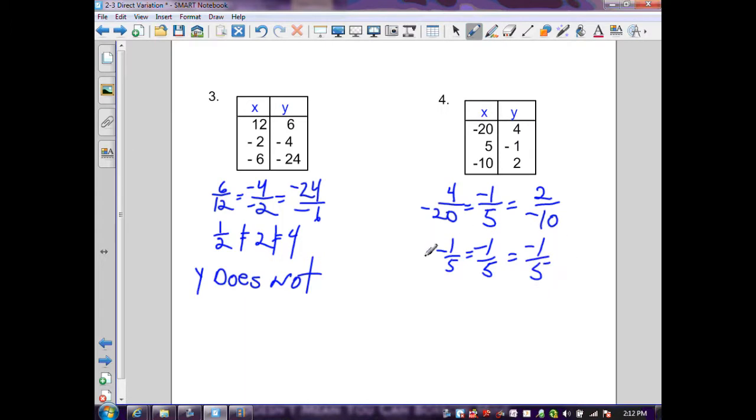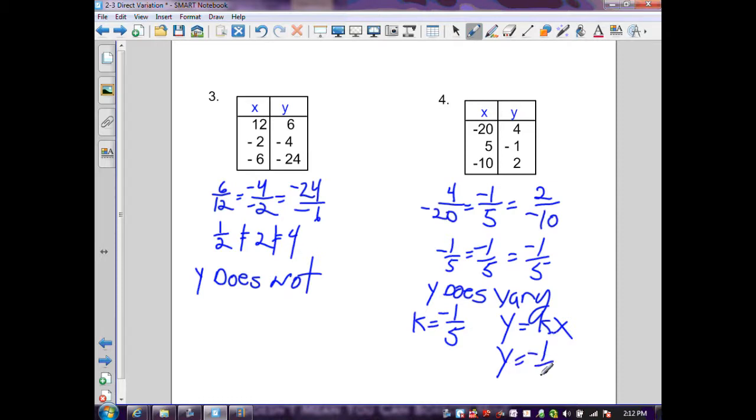This is a true situation, so therefore y does vary directly with x, and I know that k is equal to that fraction, which is -1/5, and my equation y equals kx, substituting for k, is y equals -1/5 x. So here we solved all of our questions on our problem. Does y vary directly with x? Since the fractions are equal, the answer is yes. Our constant is that fraction, and when I substitute, that is my equation.